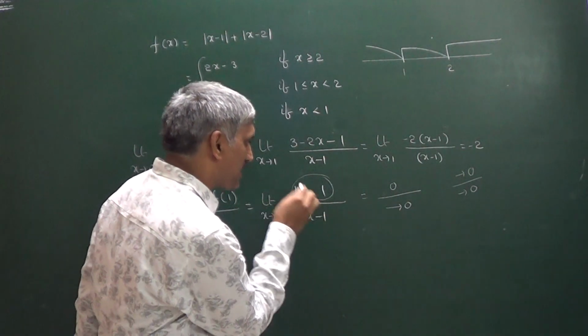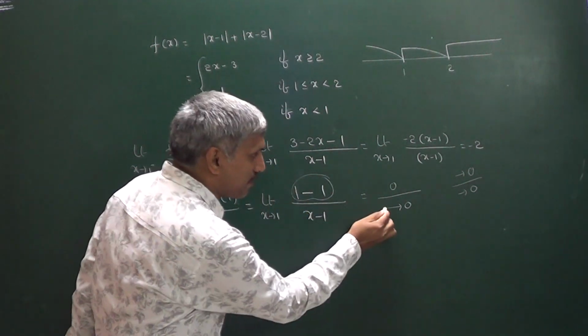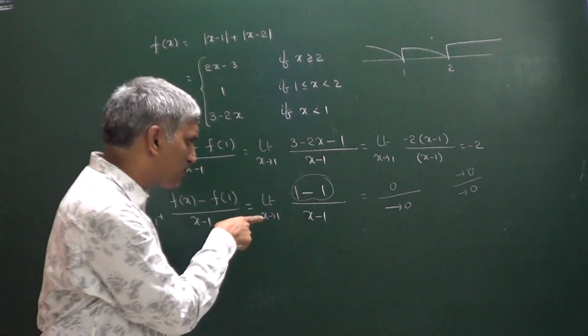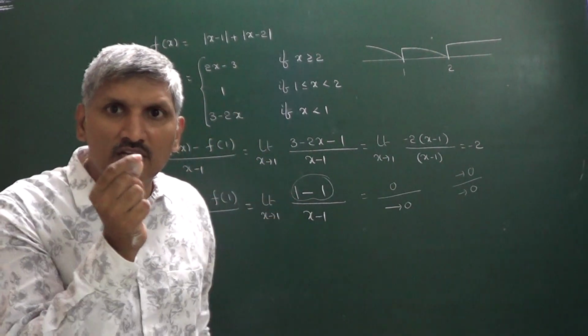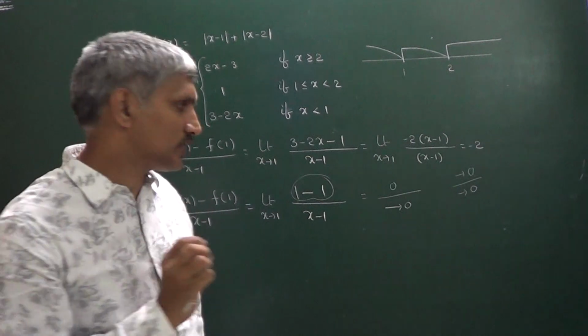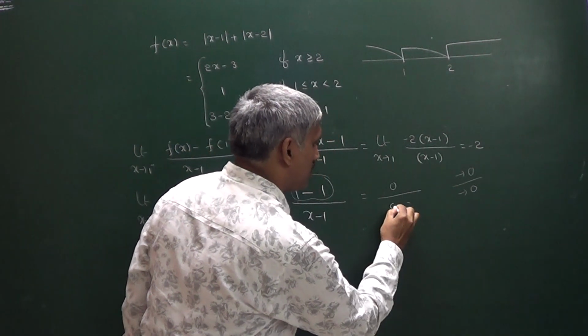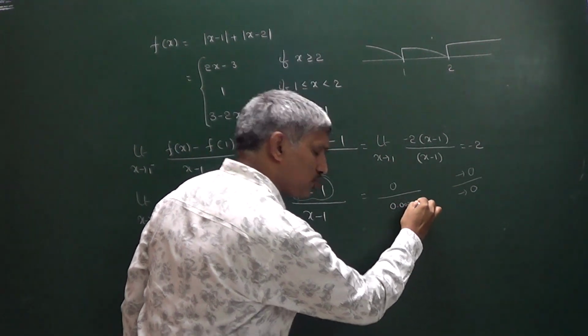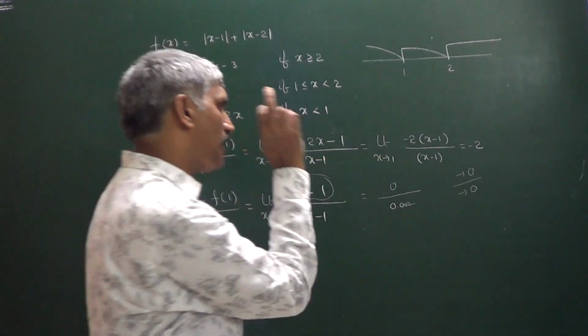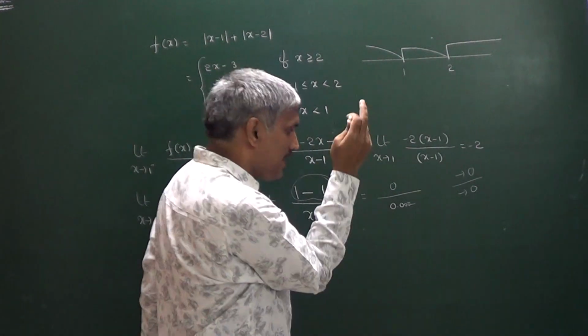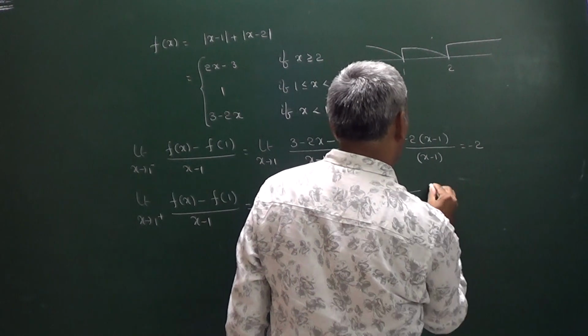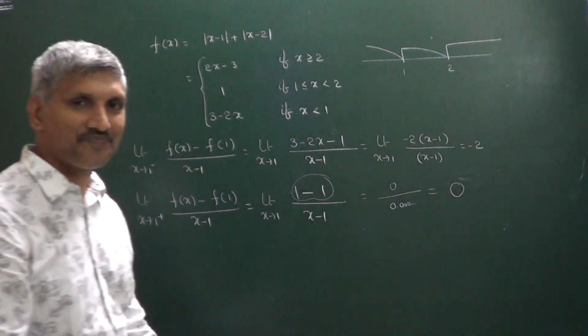But here we are getting exactly 0 divided by tending to 0. X value is very close to 1, so you will definitely get some value like 0.0000 something. So exactly 0 by tending to 0, that's why this value we are getting as 0.